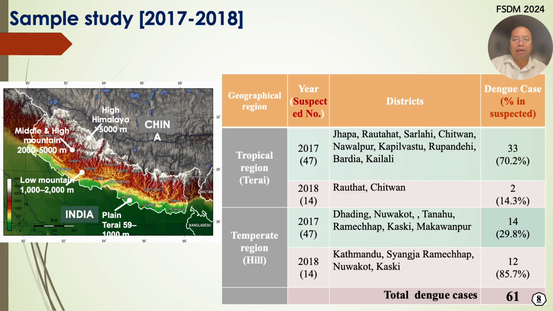In the middle we have the temperate regions, with altitude from 1000 to 2000 meters, low mountains, then middle and high mountains from 2000 to 5000 meters, and in the north there is the high Himalaya, greater than 5000 meters.